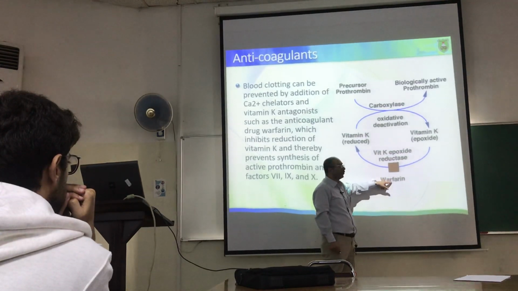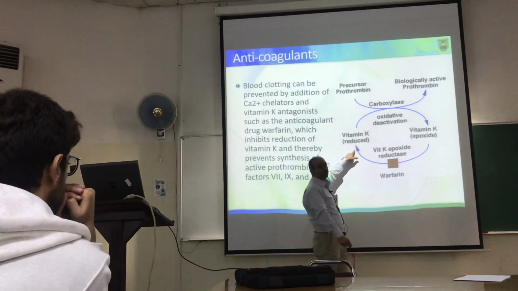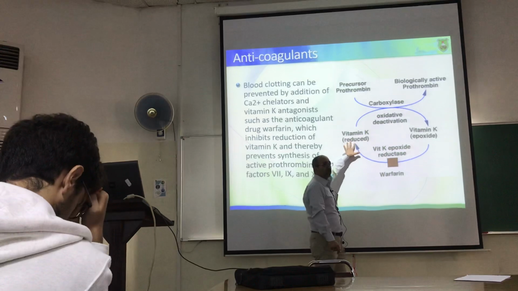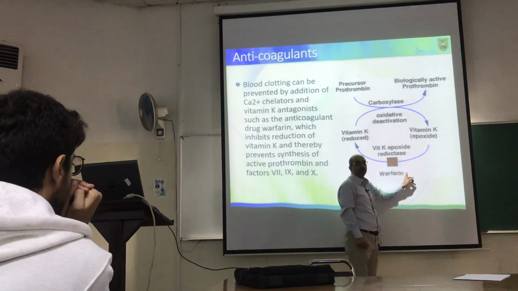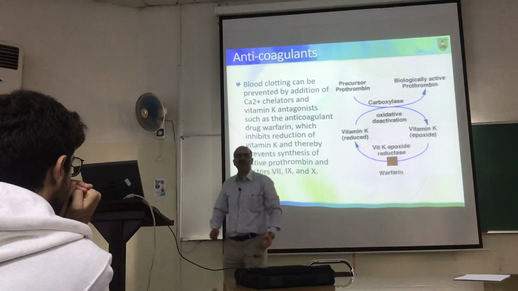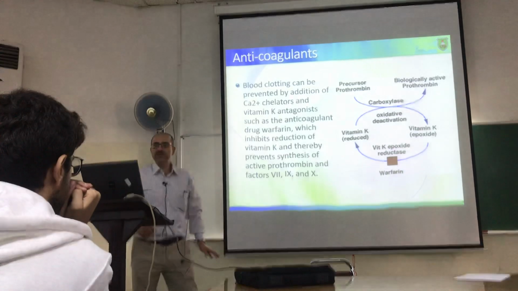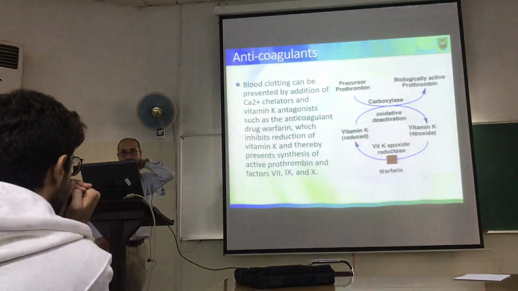So if there is warfarin in the system, you have the inhibition of this regeneration of vitamin K, so you don't have coagulation going on. So warfarin is an anticoagulant that is given to patients, especially before surgeries. Okay, so it's a target of the regeneration of vitamin K. But yes?